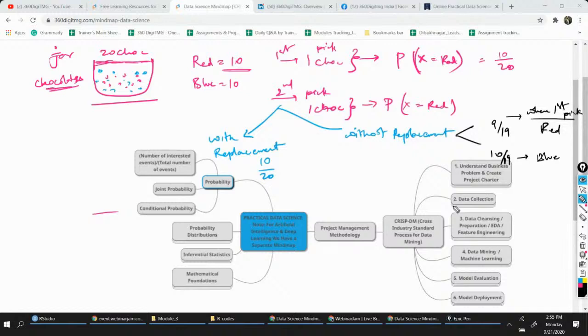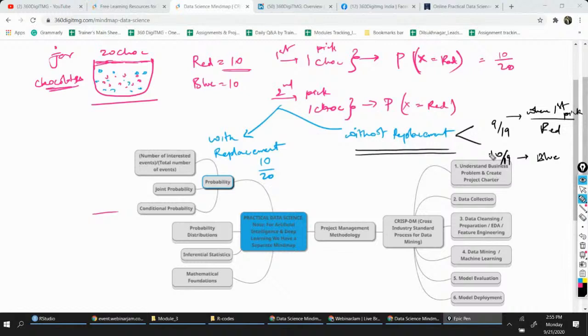So we are looking at conditional probability here. When the two events are dependent on each other... if you say with replacement, then the first event and second event are not dependent. The second event has nothing to do with the first event, right?